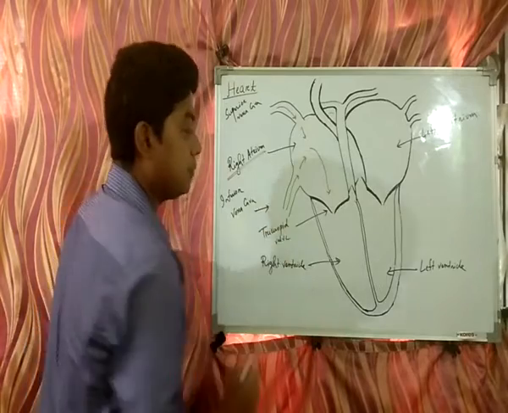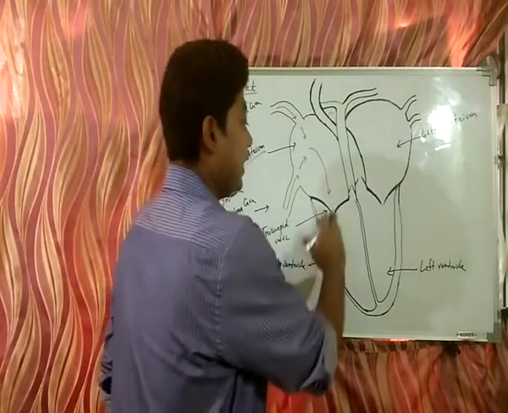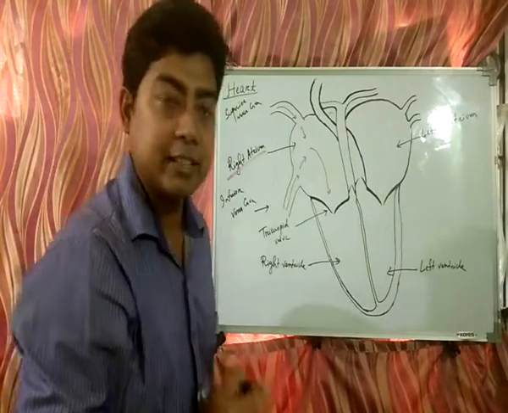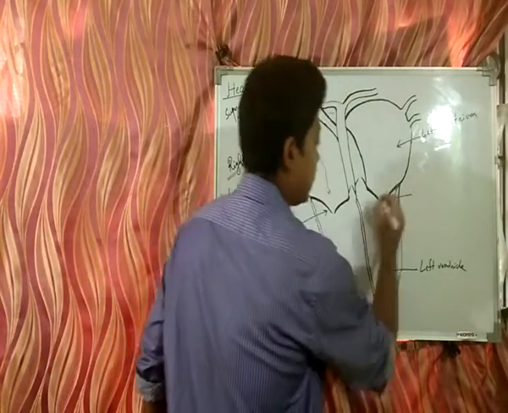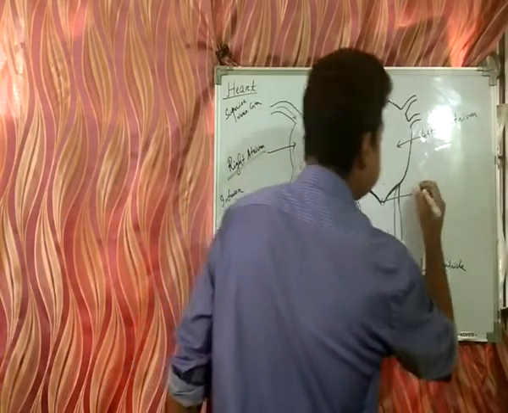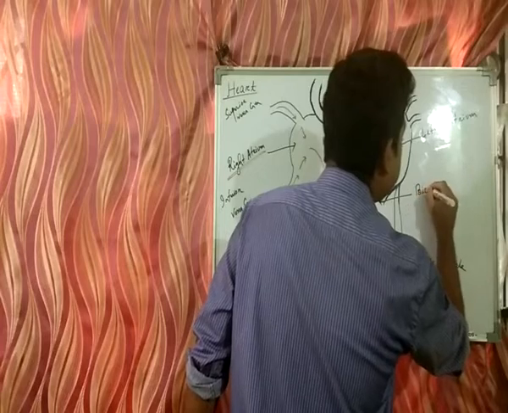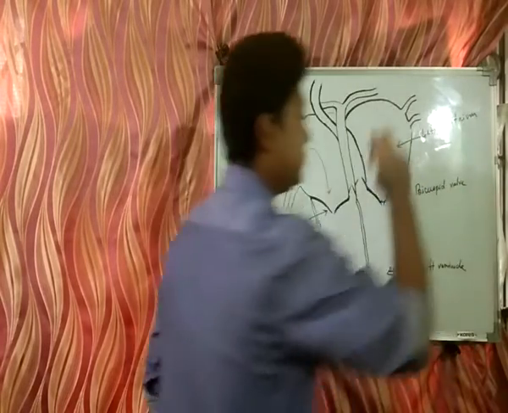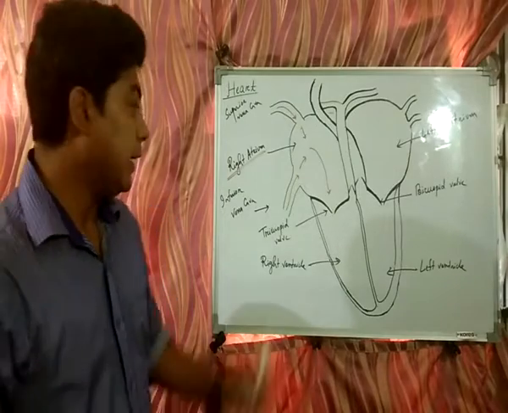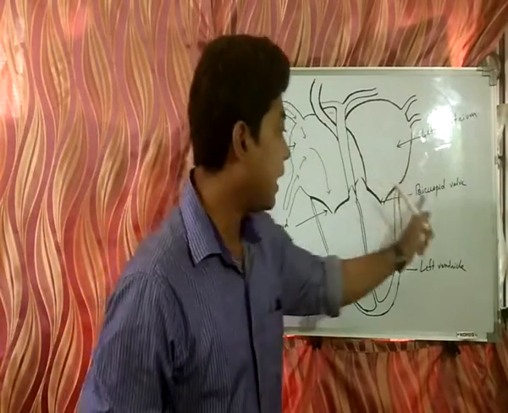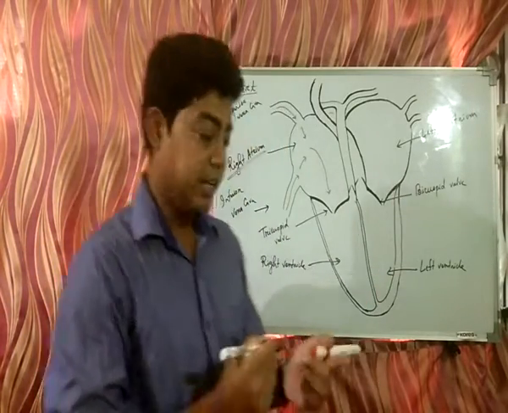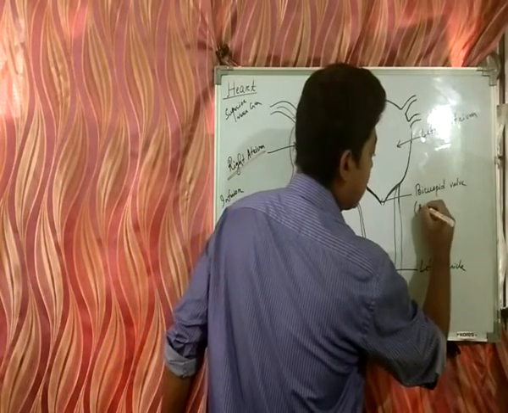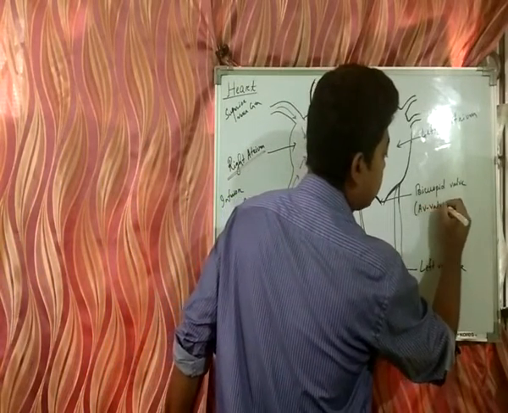Like that, between the left atrium and left ventricle, another valve is present. This is called the bicuspid valve. These two valves, tricuspid and bicuspid, as a whole are called AV valves.